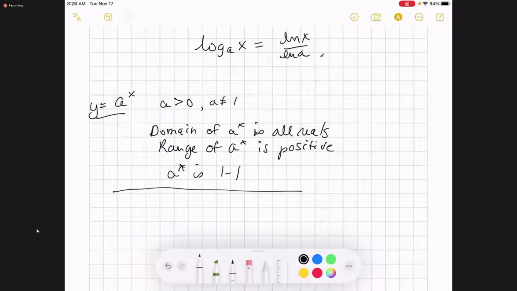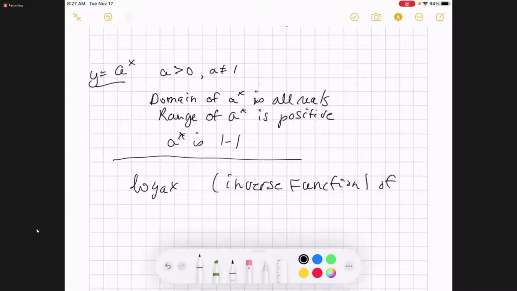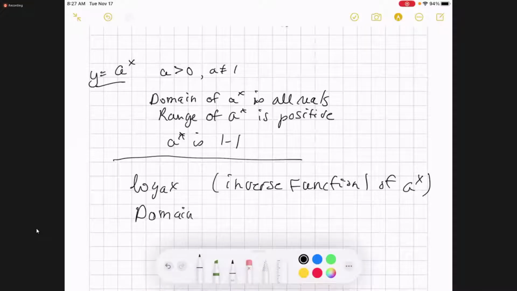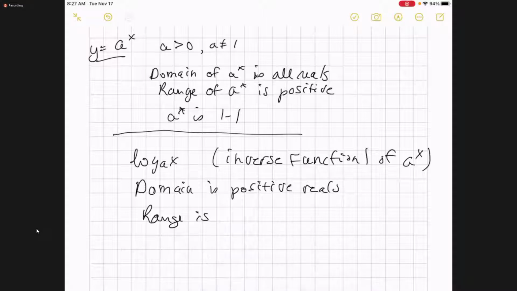And the log base a of x is the inverse function of the exponential function a to the x. So it has domain the positive reals and its range is all the reals.